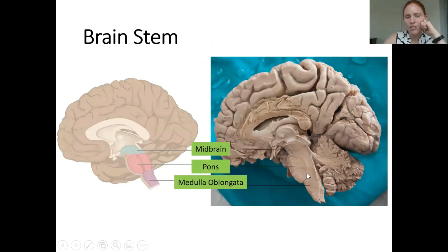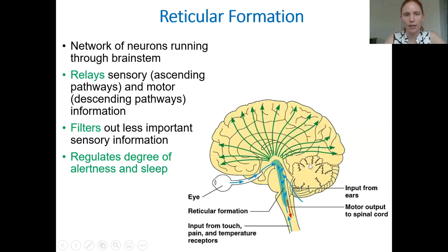And then underneath it, what I call the first bump, is the pons. And then underneath that, what I often call the second bump, is the medulla oblongata. For humans, the pons is bigger than the medulla oblongata, but it's opposite in shape. Okay, so here we have the pons, the big first bump, and the second bump, the medulla oblongata.